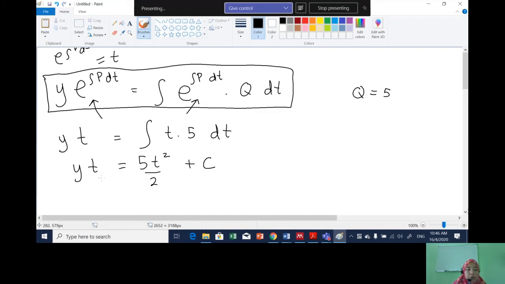Okay, so if you want to bring this t from the left to the right hand side, then it's equal to y equals 5 over 2, then t² divided by t, we have t, plus c over t. The one that I marked, you can express either one of them, both are accepted. So this equation we call the general solution.